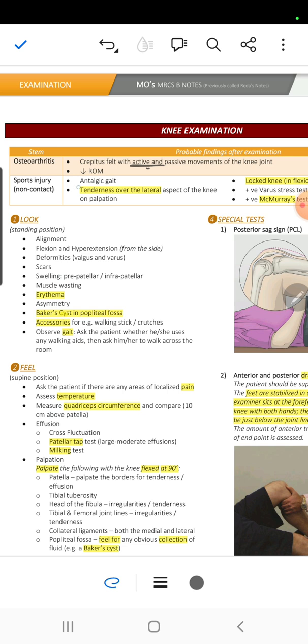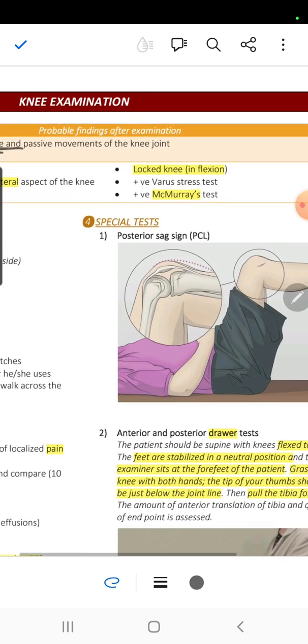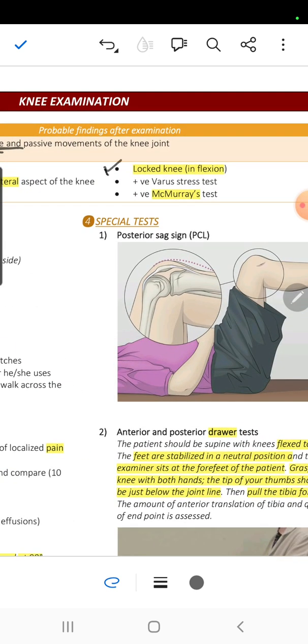On examination the particular finding would be an antalgic gait along with tenderness over the lateral, or over the medial joint line if it is a medial meniscus injury. Then a very important finding: we have to look for a locked knee in flexion, so the patient will not be able to extend the knee. There will be a positive varus test and positive McMurray's test.